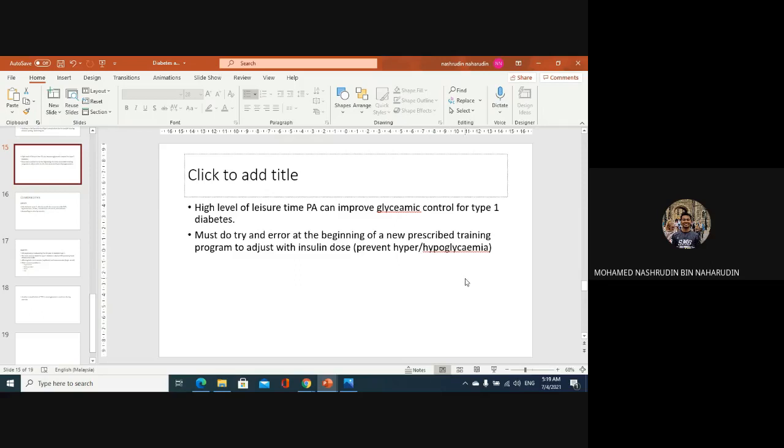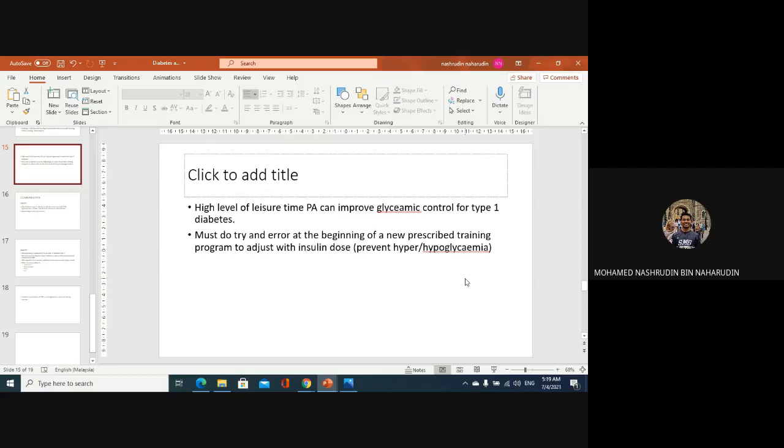So, as I mentioned, you have to prepare them with food, quick food like bread, or something that contains high glucose, and also their insulin dose.